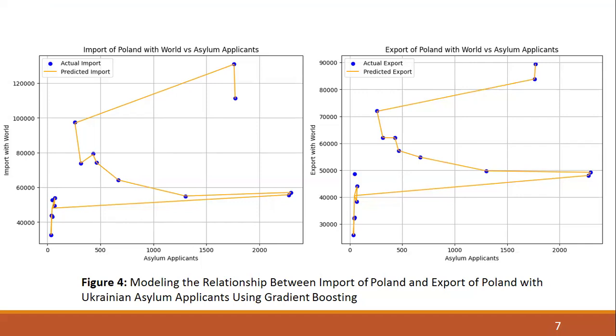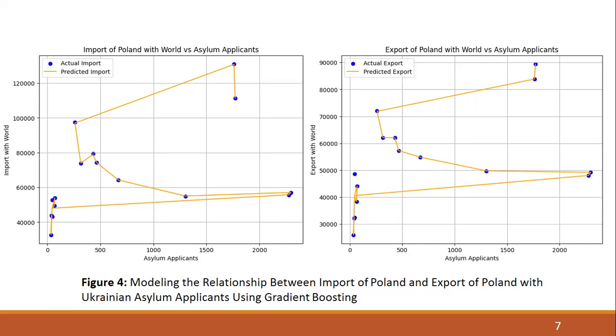Gradient boosting demonstrated a high level of effectiveness in modeling the relationship between Poland's trade indicators and the number of Ukrainian asylum seekers due to its unique advantages. This method is characterized by its ability to accurately capture complex nonlinear relationships and interactions between variables, allowing for the creation of models with high predictive accuracy.